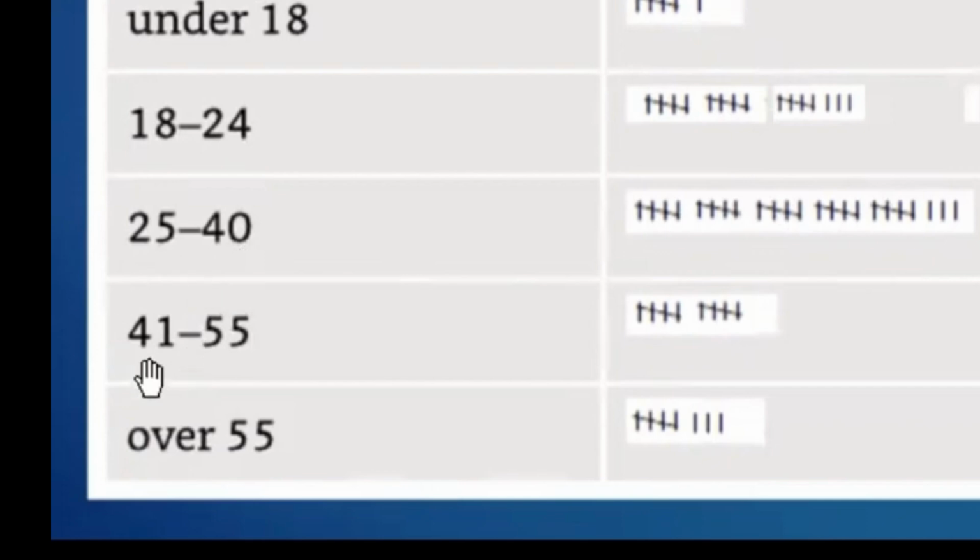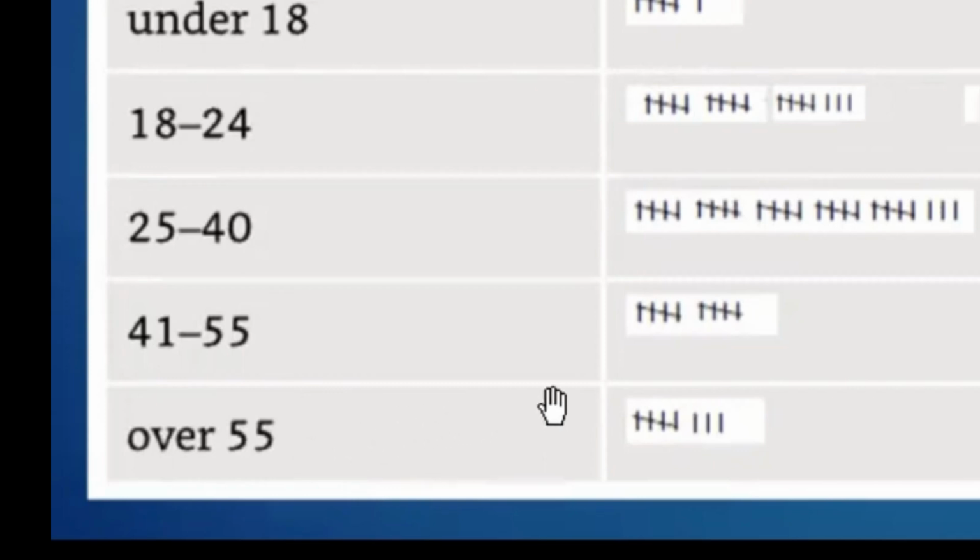And then for the age group between 41 and 55, the diner saw 5 plus 5, which is 10. So they saw 10 people in this age range. And then for over 55, they saw 5 plus 1, 2, 3, which is 8. Okay, they saw eight individuals who were over the age of 55. All right.